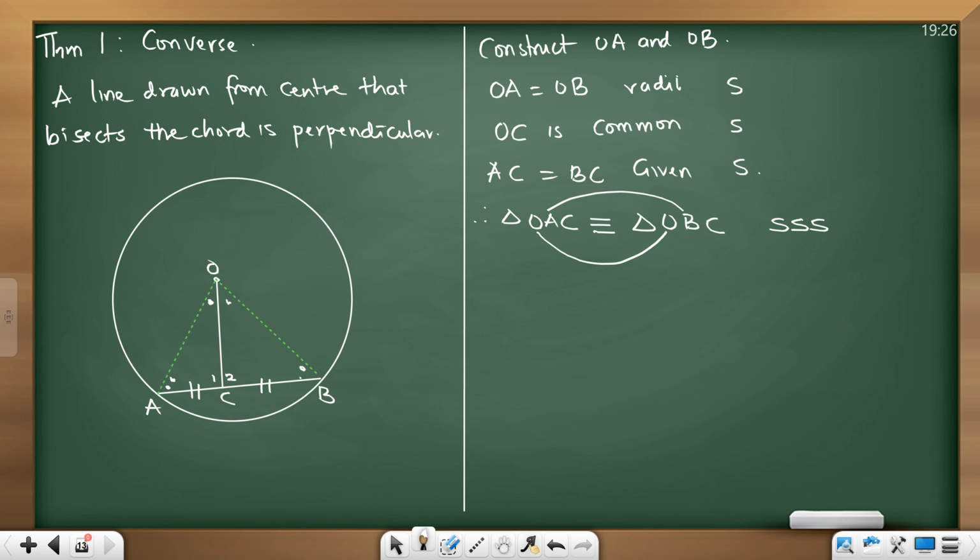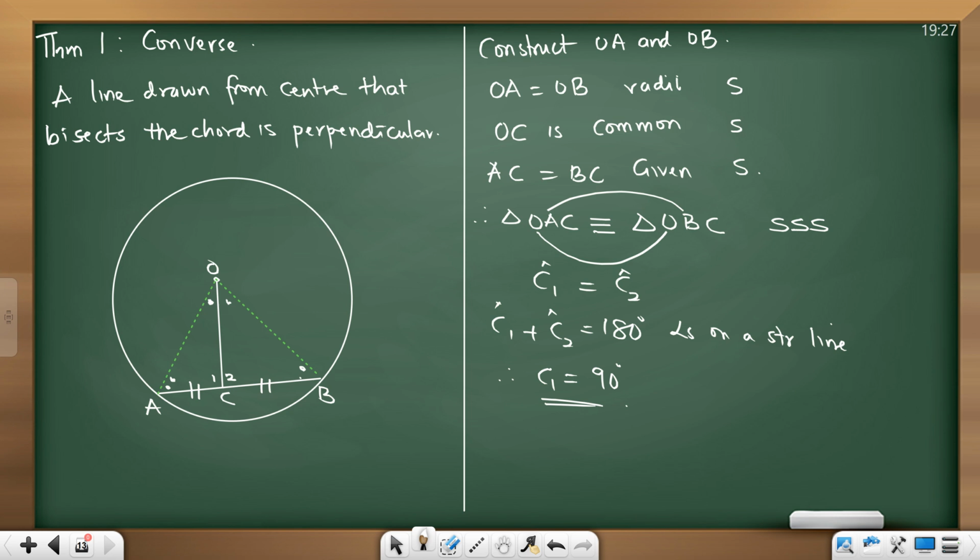Therefore, the C's are also the same. So C1 is equal to C2 because of congruency. But what do you notice? C1 plus C2 equals what? 180 degrees, angles on a straight line. Therefore, 90 degrees, and that's what I want to prove.